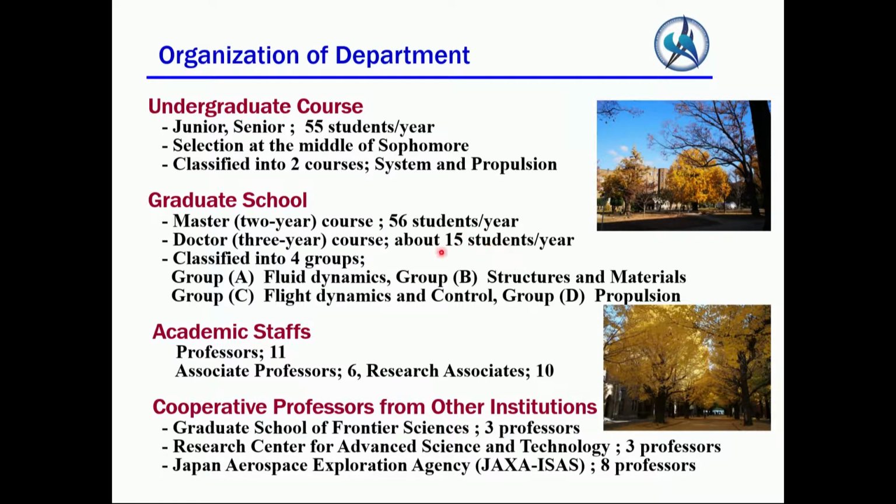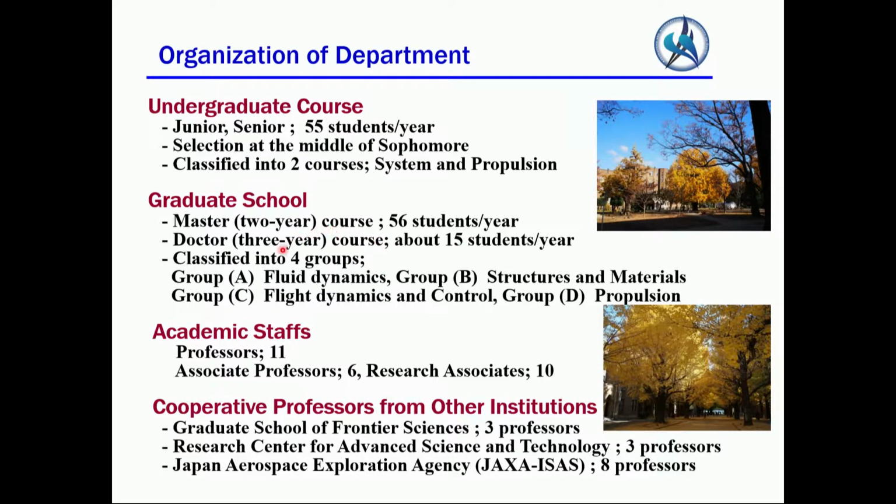The problem is we need more doctor students. We'd like to have more doctor students, but nowadays master students do not come to the doctor course so often. So that is our problem. Not only our department, but also the School of Engineering. So is it the same here? Yeah, okay. That is a problem.